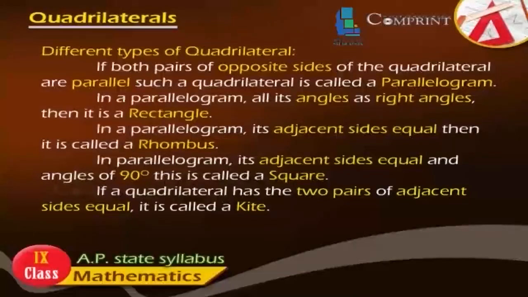In a parallelogram, if its adjacent sides are equal, then it is called a rhombus. In a parallelogram, if its adjacent sides are equal and angles are 90 degrees, then it is called a square. If a quadrilateral has 2 pairs of adjacent sides equal, it is called a kite.